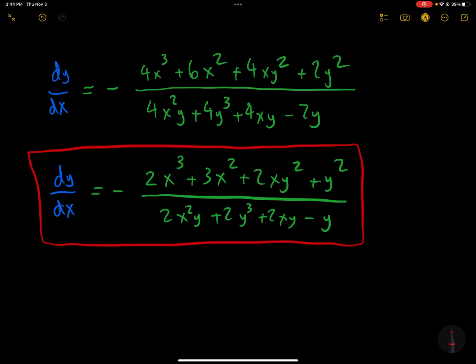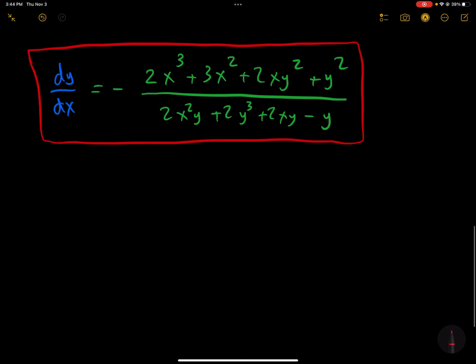With this, we can actually find the derivative, or the slope of the tangent line, at any given point. In our particular case, we're looking for the value of this at the point (0, negative 1), meaning we want to plug in x equals 0 and y equals negative 1.